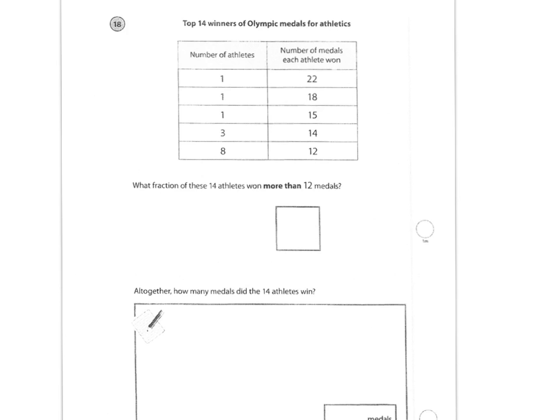Here is a table showing the top 14 winners of Olympic medals for athletics. The question that goes with it is, what fraction of these 14 athletes won more than 12 medals? So what we're doing is looking at more than 12 medals, so it's everything above that line. So what we have is all of these values.